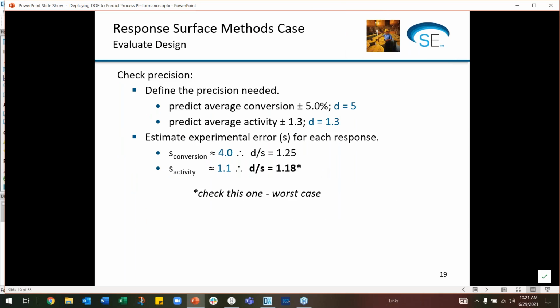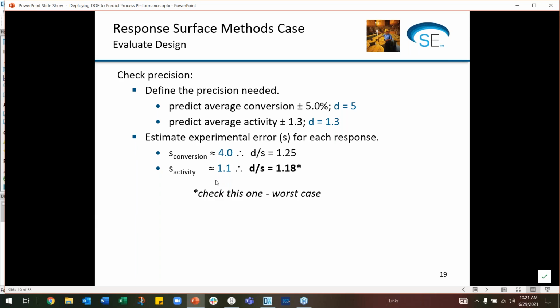So let's look at this from a sizing perspective. This is where we need to take into account these pieces of information. And specifically, we figure out the signal to noise ratio. So if we take 5 divided by 4, that signal to noise ratio is 1.25.